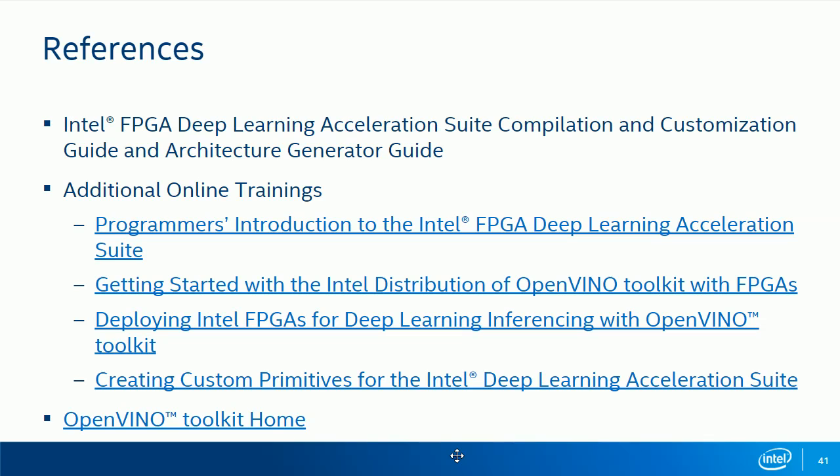I've also provided links for follow-on creating custom primitives for the DLA training, which will show you how to use OpenCL to create custom primitives. Finally, for everything else OpenVINO related, visit the OpenVINO Toolkit homepage.